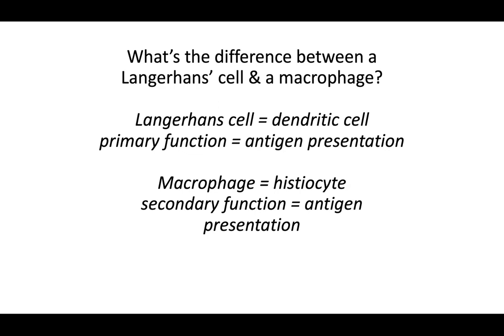So they are also antigen presenting cells, but that's more of a secondary function. Langerhans cells are defined by CD1a expression as well as S100 expression and Langerin or CD207 expression, whereas macrophages are more defined by general macrophage/histiocyte markers, CD68, CD163, etc.